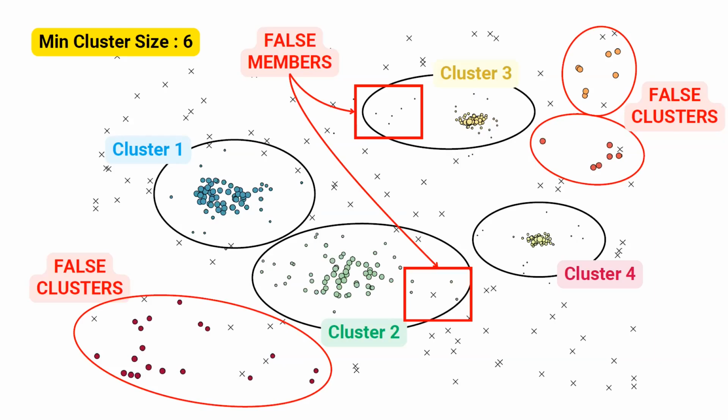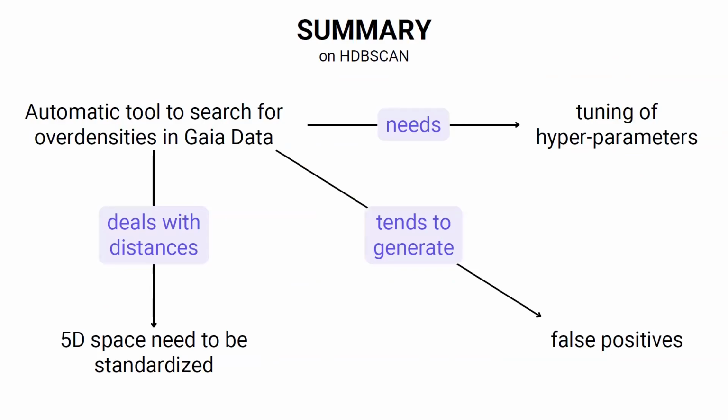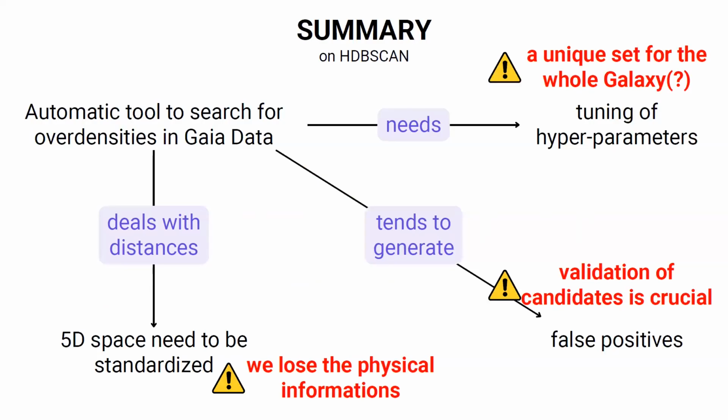So you can clearly see that, yes, HDBSCAN is very powerful, but you need to tune the parameters of this model. And usually what you do is take well-known clusters that were discovered like 20 years ago and even more. We just search for them in Gaia, and we select the parameters that are the best ones to efficiently retrieve these, reducing the false positives, but reducing, not canceling, because you still have them.